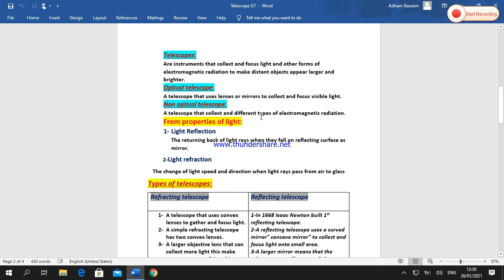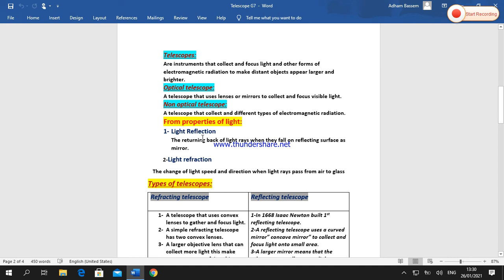The white light has many properties or many characteristics, okay? White light can travel in a straight line, and among the properties of light are light reflection and light refraction.